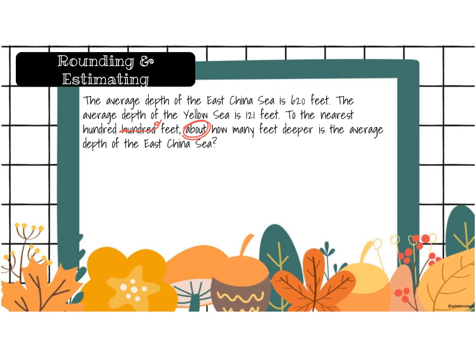I got it. Okay. I'm seeing a lot of this on boards around the room. Let's talk about why. Because it says 100. First of all, I have 620 feet. What would I round that to make it easier? 600, okay? The next number I have is 121 feet. What would I round that to the nearest 100? 100.